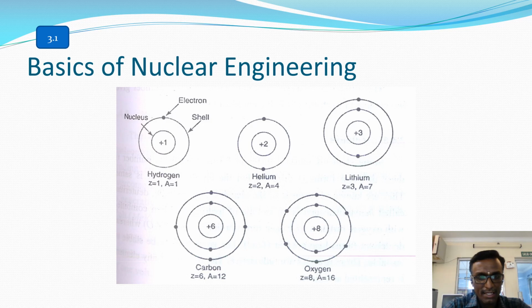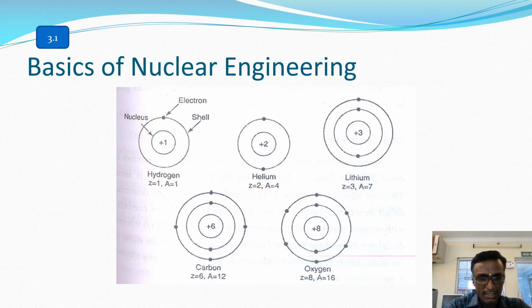So as you can see here, we have the nucleus, in which Z is the atomic number and A gives the mass number. So the mass number and the atomic number contributions have been given. We have the nucleus as its central core, followed by the outer boundary layers of electrons, which we name as shells. So in an atom, the integral central part is called the nucleus and the outer part is called the electrons.